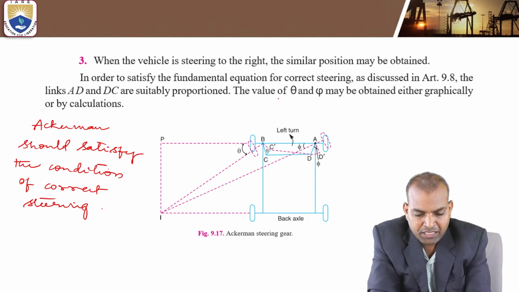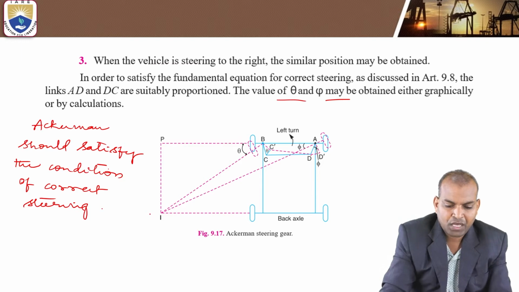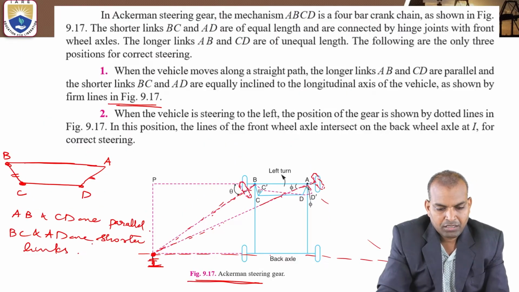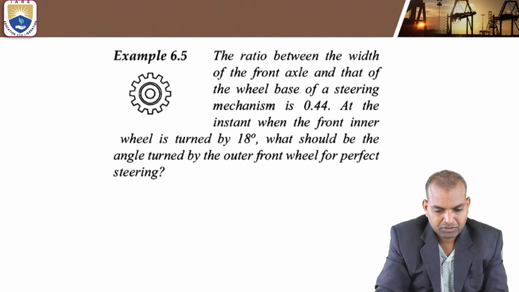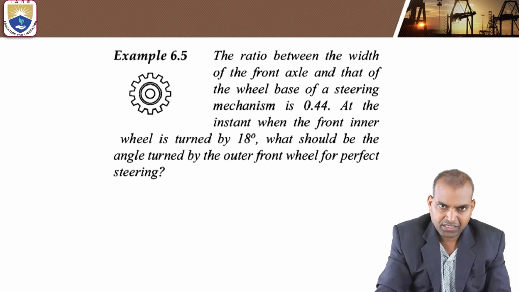So the values of theta and phi can be obtained either graphically or by calculations. So that is the description of the Ackermann steering gear mechanism.